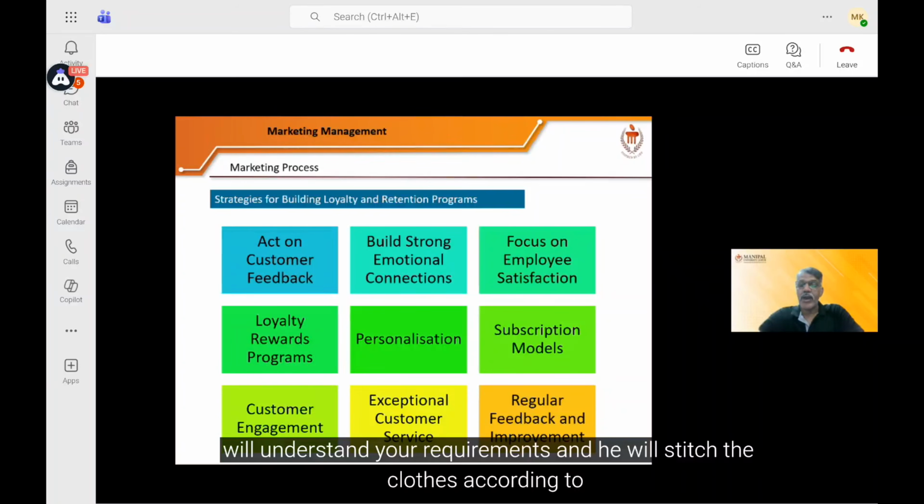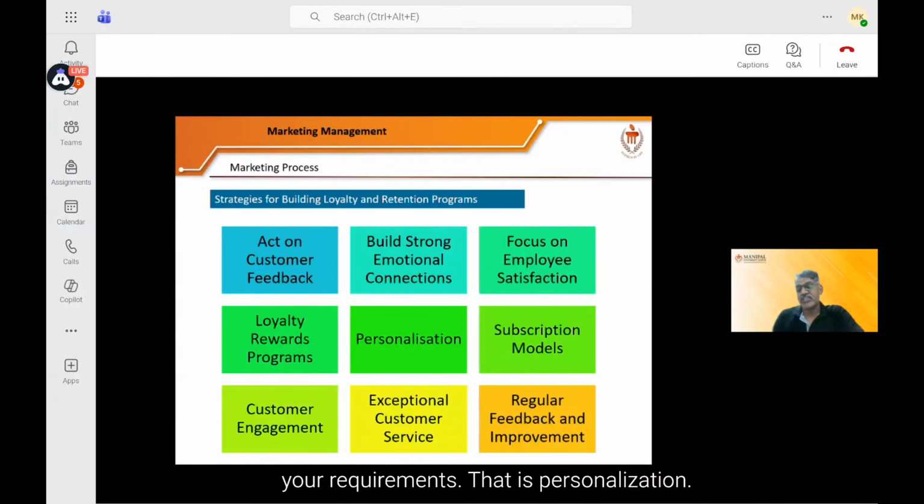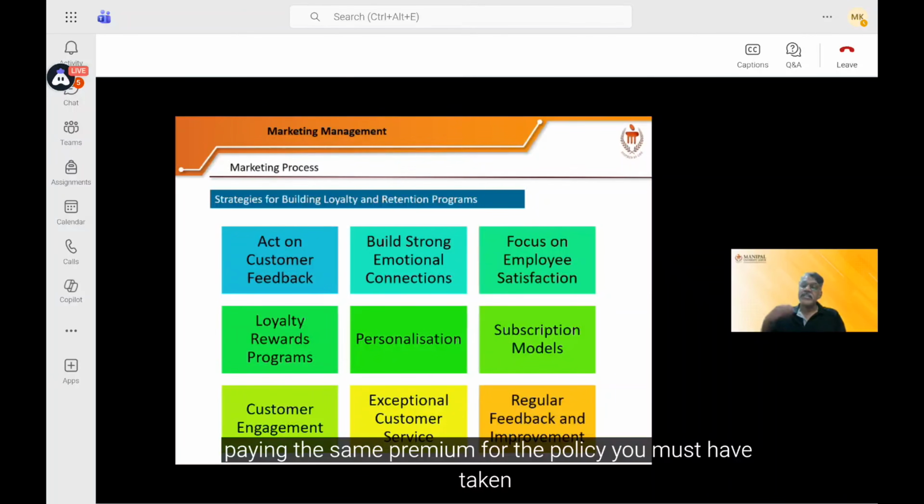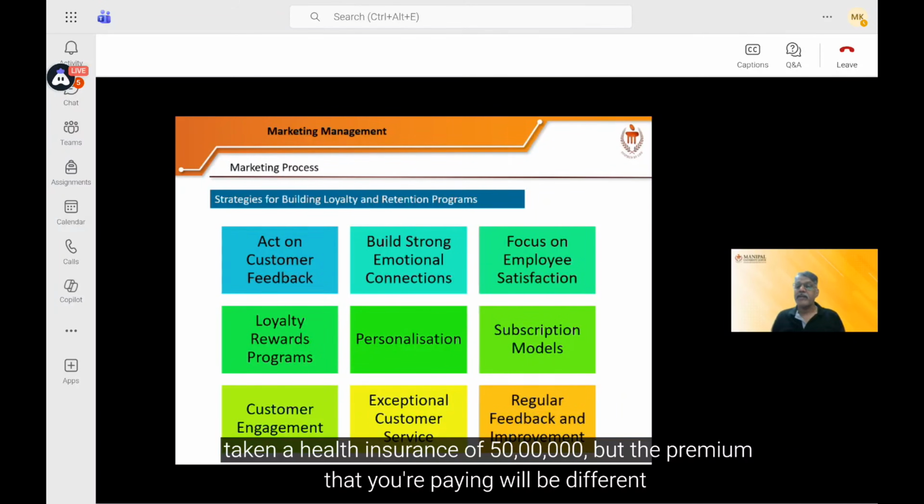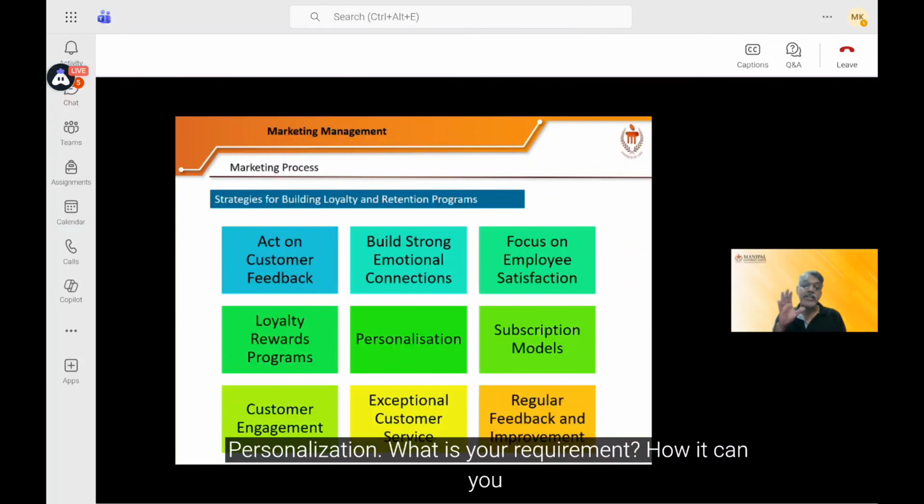He will understand your requirements and stitch the cloth according to your requirements. That is personalization. Are you understanding this? You go and avail a loan or a policy. Not everybody will be paying the same premium for the policy. You must have taken a health insurance of 50 lakhs, but the premium that you're paying will be different. Personalization. What is your requirement? How can you pay it?